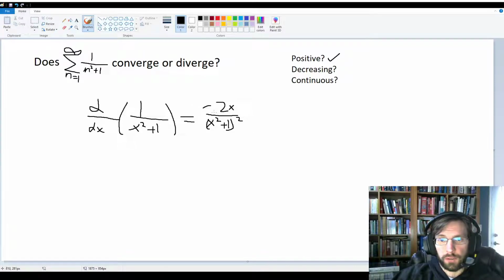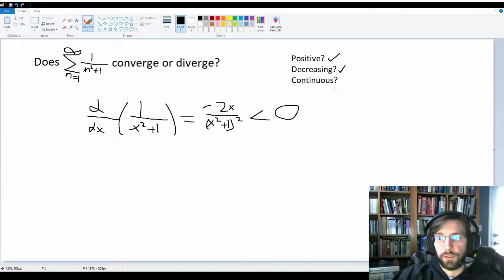Okay, so negative is always negative, x is positive because n is positive, so the numerator is going to be negative, the denominator is a square, so that is always going to be positive. We have a negative over a positive, so that's negative.